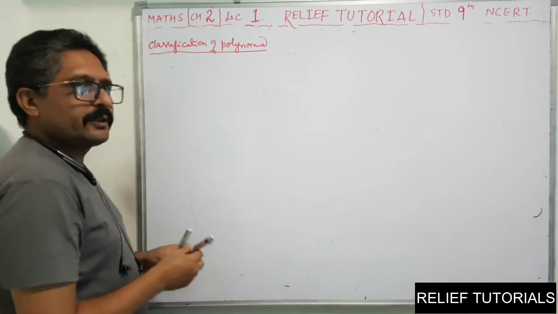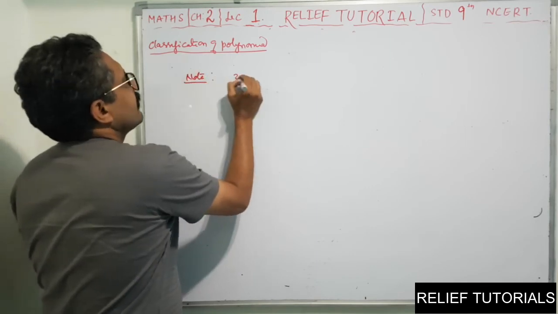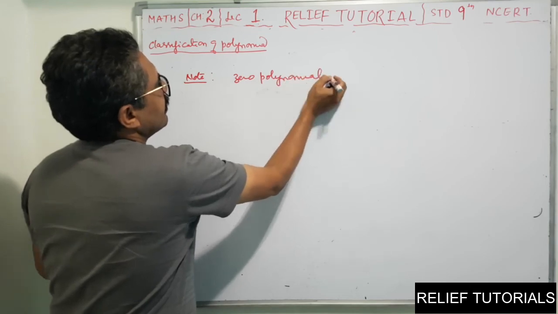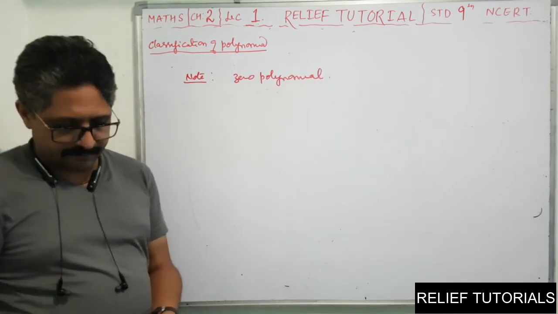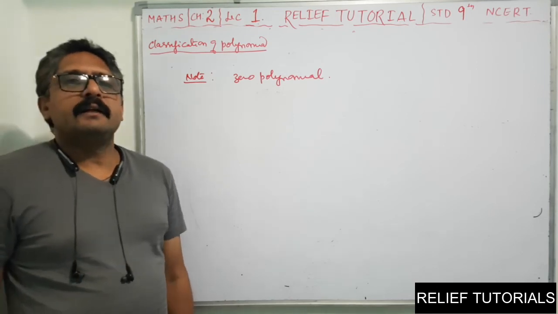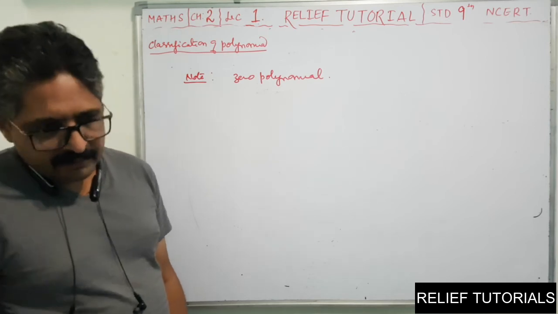Note the zero polynomial. This is not a zero polynomial. What do you mean by zero polynomial? A polynomial having only one term, and that term is 0, is called the zero polynomial.